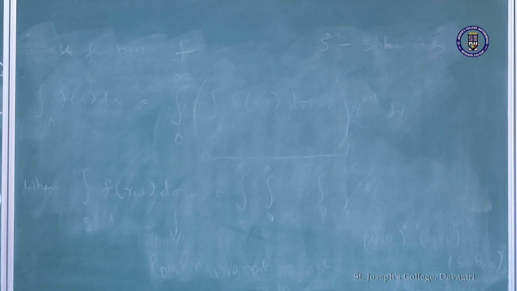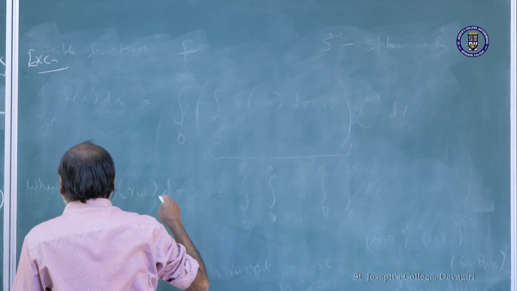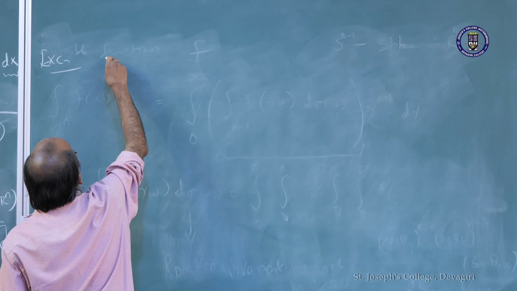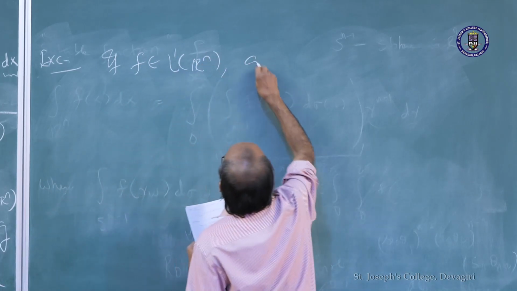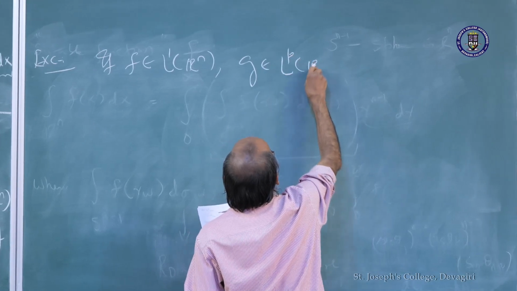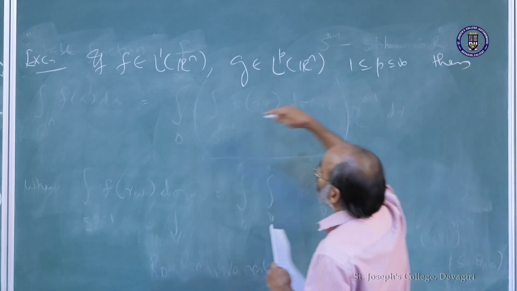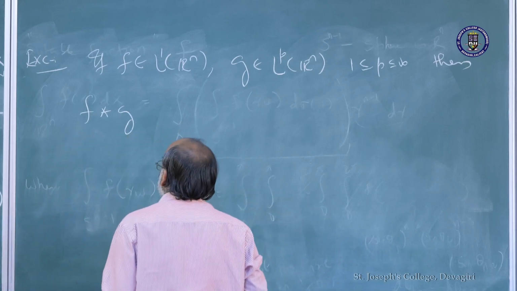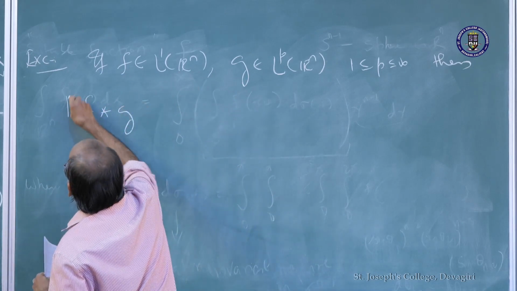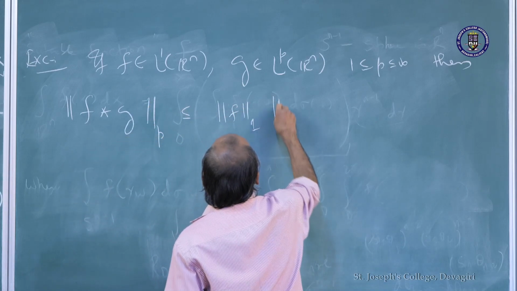So, let me give you some more exercises. If f is in L1 of Rn and g is in Lp of Rn, where p is between 1 and infinity, then the convolution f convolved with g, with the same integral, lands you in Lp, and the Lp norm is less than or equal to the L1 norm of f times the Lp norm of g.